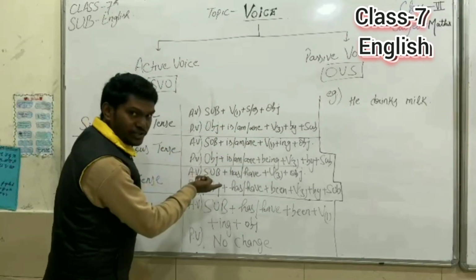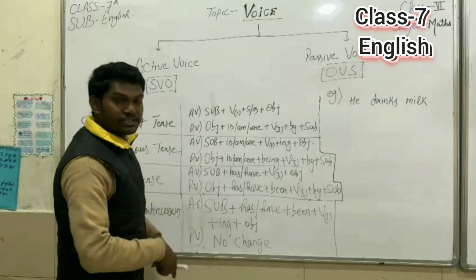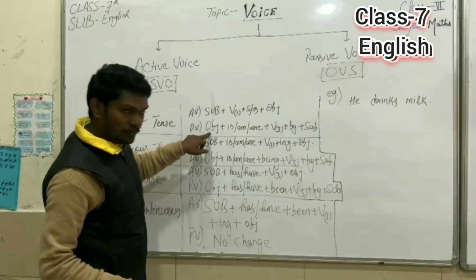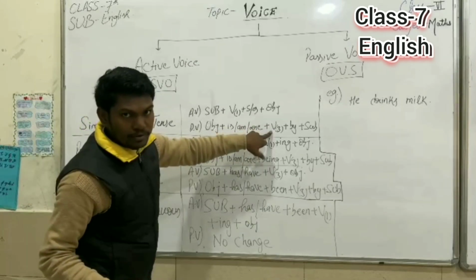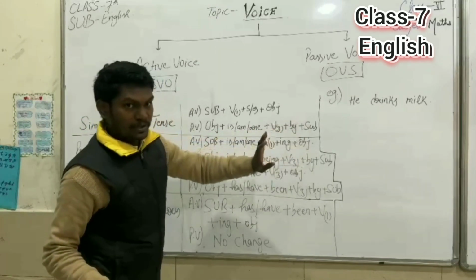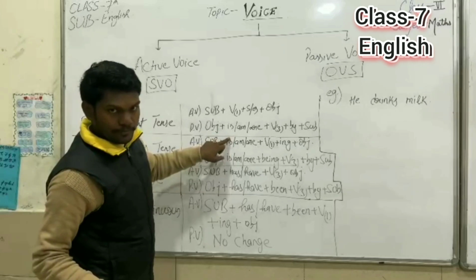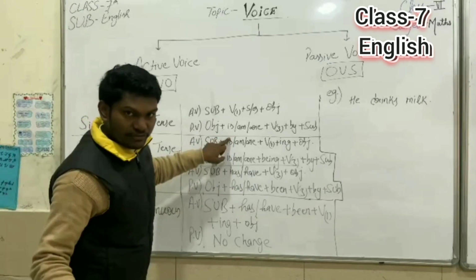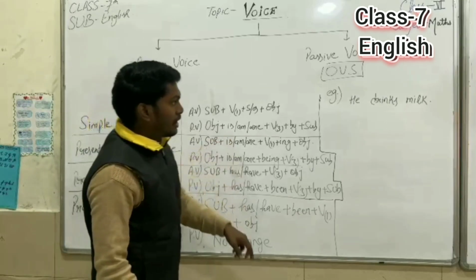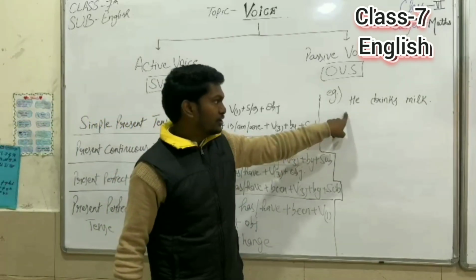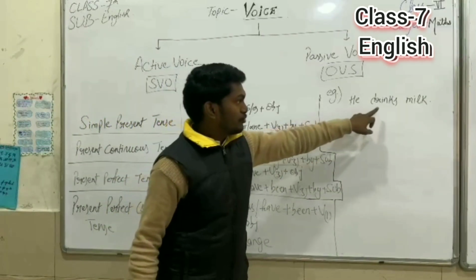Now the passive voice for simple present tense is: object plus is, am, are plus third form of the verb plus by plus subject. This is the specific rule for changing active voice to passive voice of simple present tense. Now there is an example according to the rule. He drinks milk.